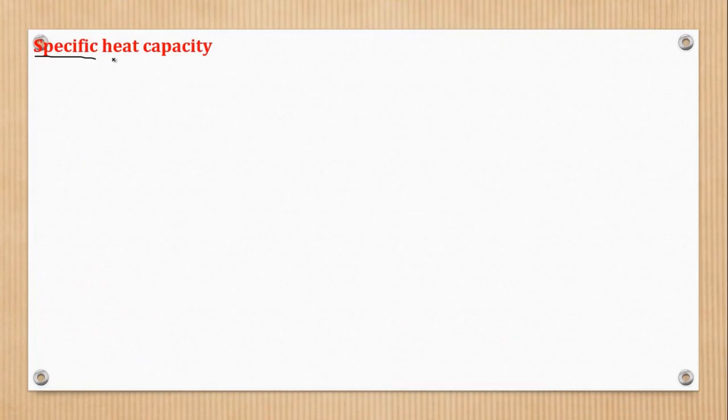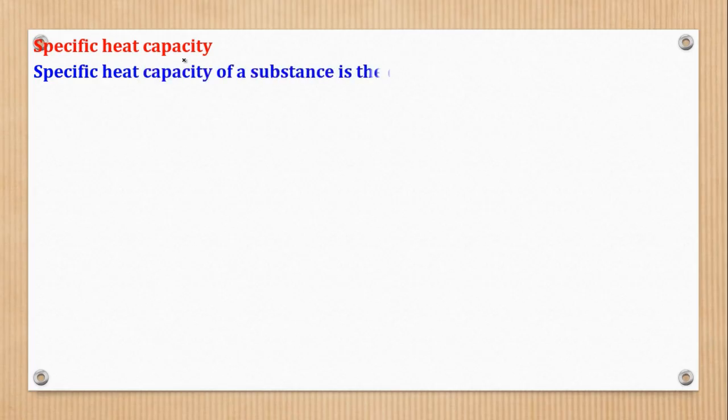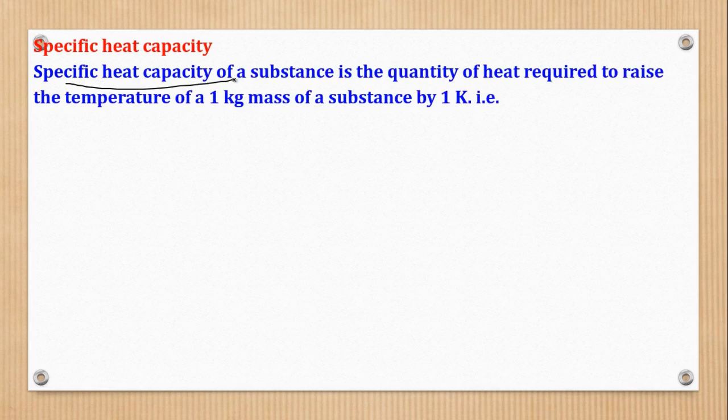Another term is specific heat capacity. The specific heat capacity of a substance is the quantity of heat required to raise the temperature of 1 kilogram mass of a substance by 1 Kelvin.